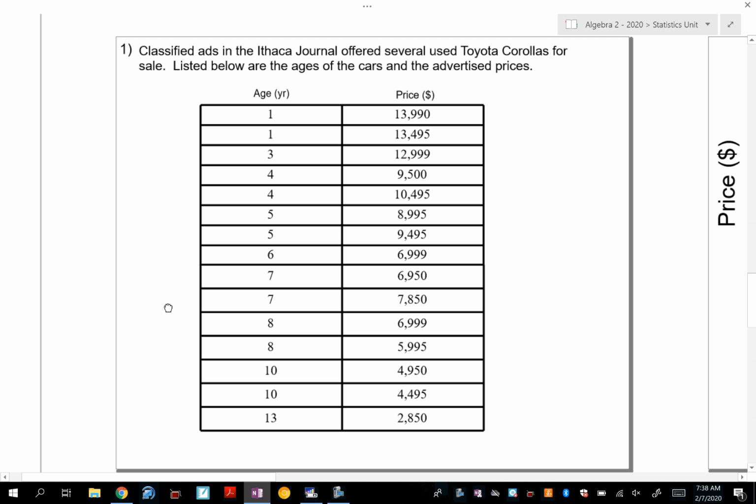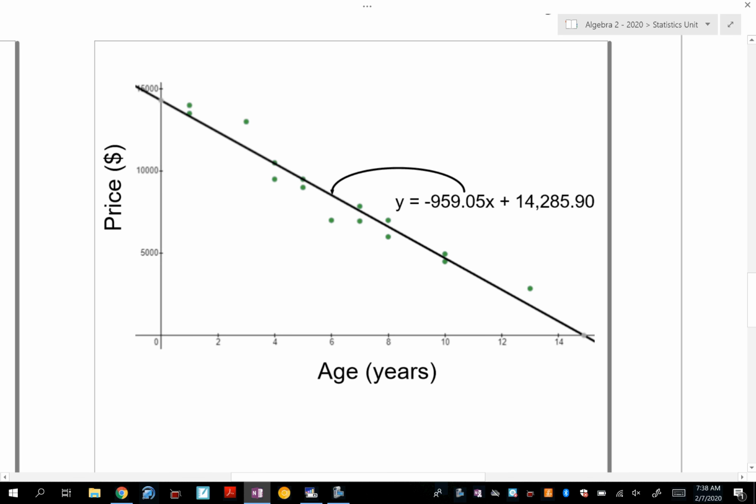What I decided when I made this scatter plot is that the age of the car, how old it is, explains the price. So the age explains the price. When I made the scatter plot, I put age on the x-axis. I know it's kind of hard to see with the actual model line there, but you guys see the green dots?